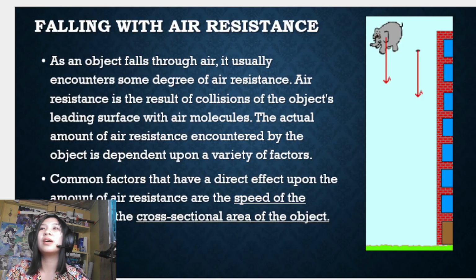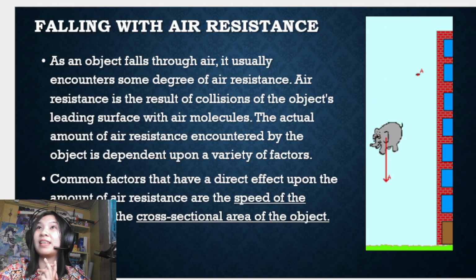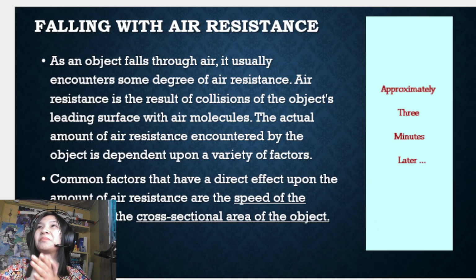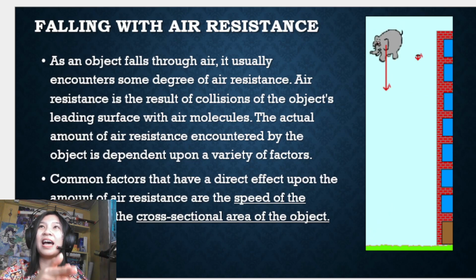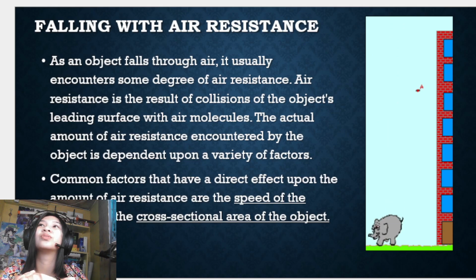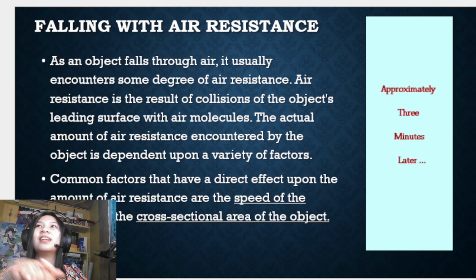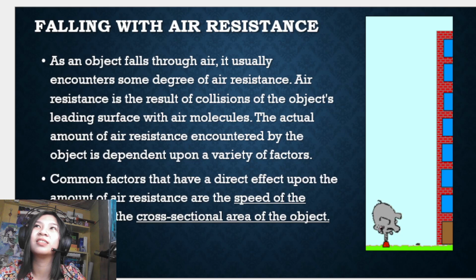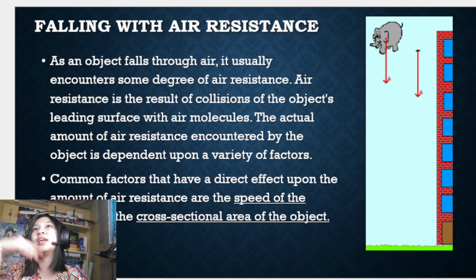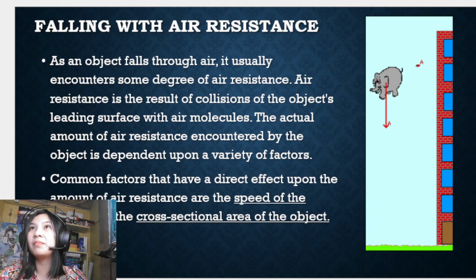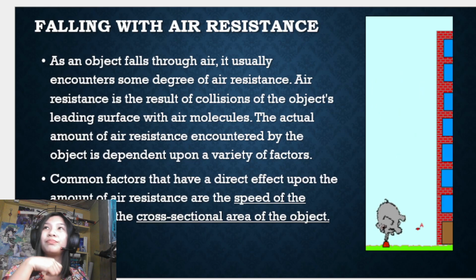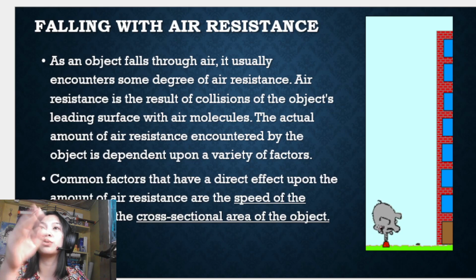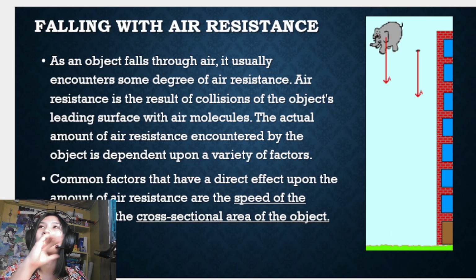Okay. Now, what about if there is air resistance? Okay, so this is the reason why when there is air resistance, one falls first, unlike here. So, let's look at this. If they are falling at the same time, but the elephant goes first, it falls first. Okay? Why?